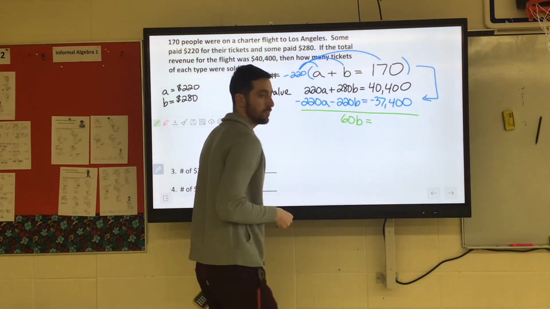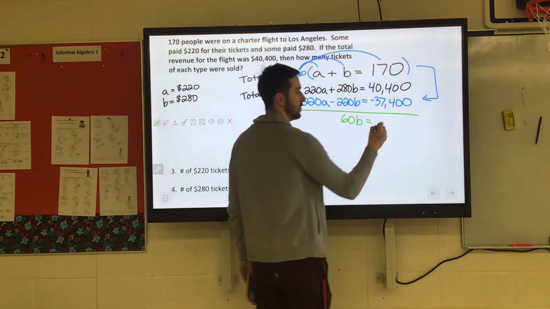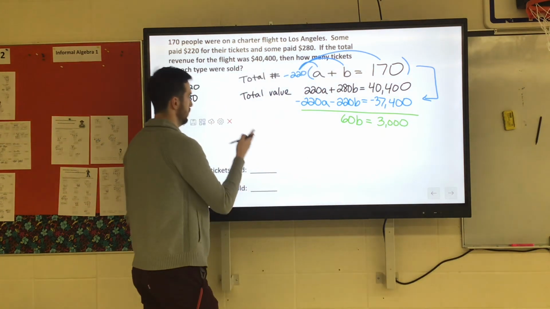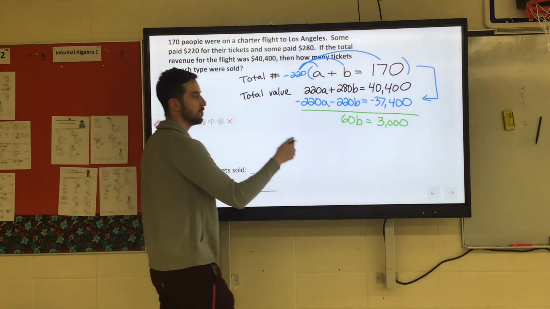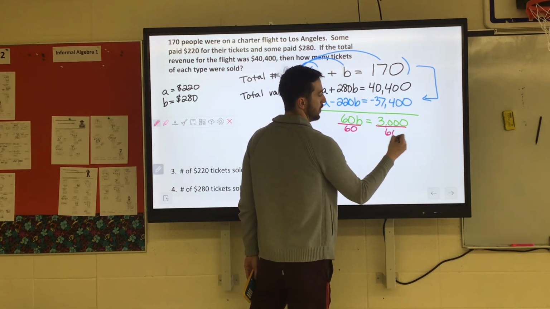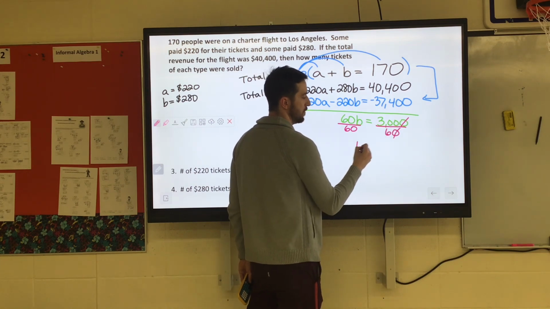And then 40,400 minus 37,400 is 3,000. So there's one step there. 60 times B, we're going to undo that with some division. We could shave off a 0 for a 0. 300 divided by 6 is 50.